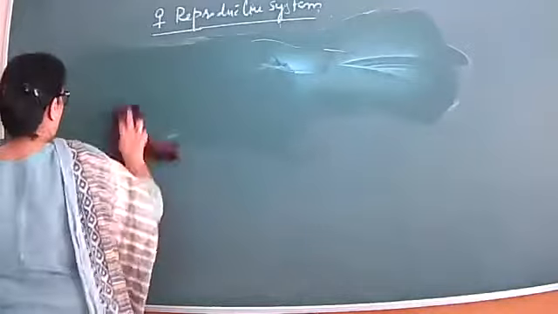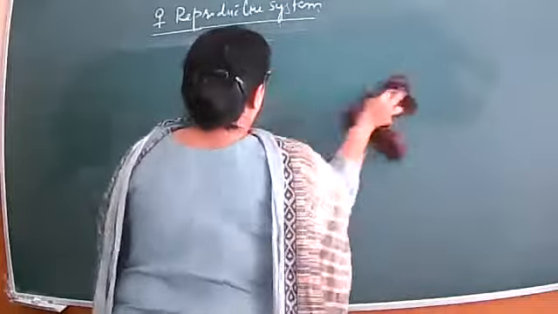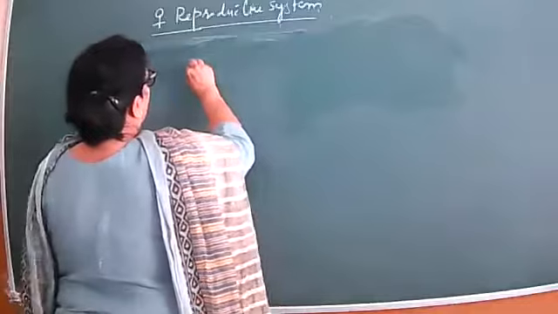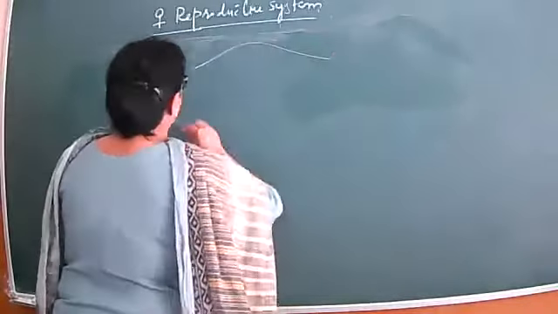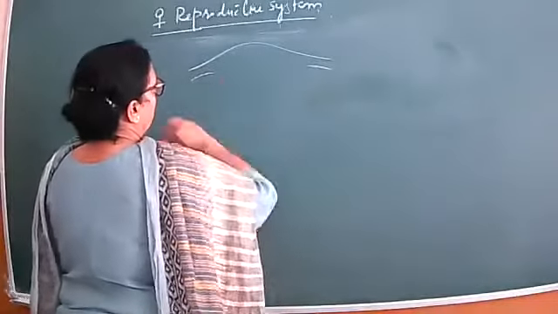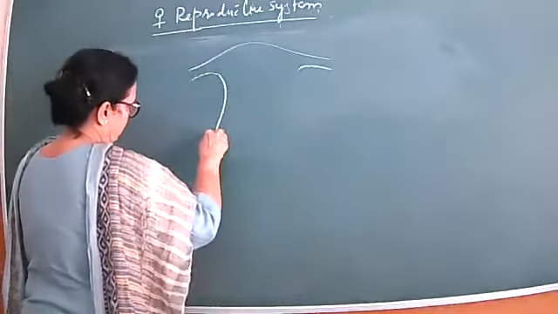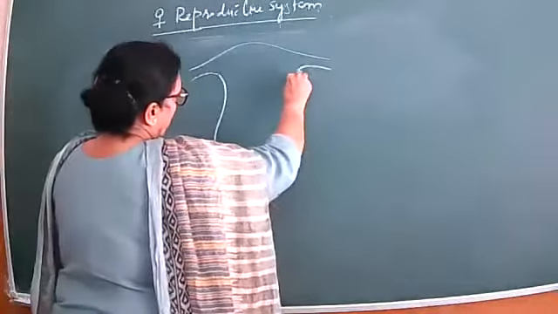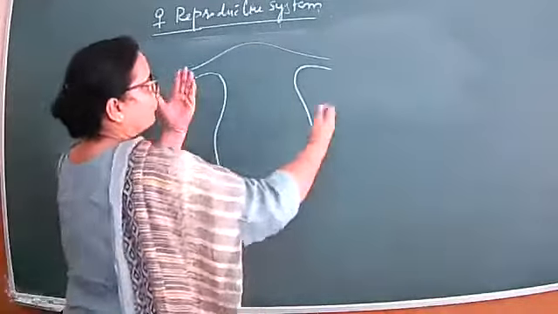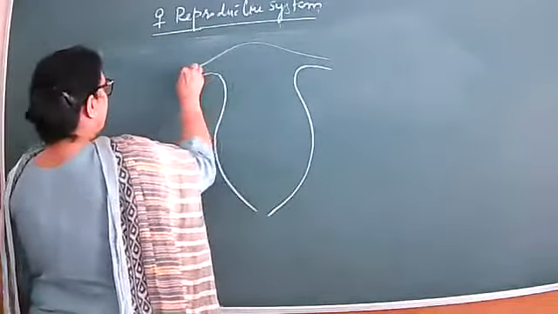This is wet, so I'm going to draw. The pear-shaped uterus is there, and starting from the side of that, the origin of the ducts is there.